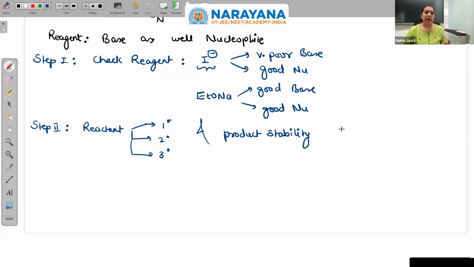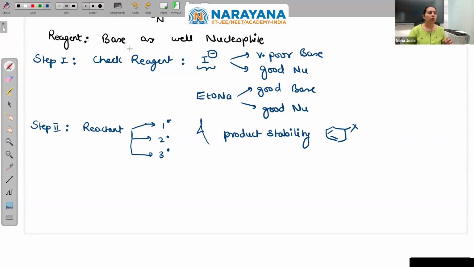Product stability. Like there is a possibility something is say 2 degree only, but the elimination may result in aromaticity. For example, if I had this and I make any reagent attack, then there is a strong chance that elimination will dominate because aromaticity is about to come.